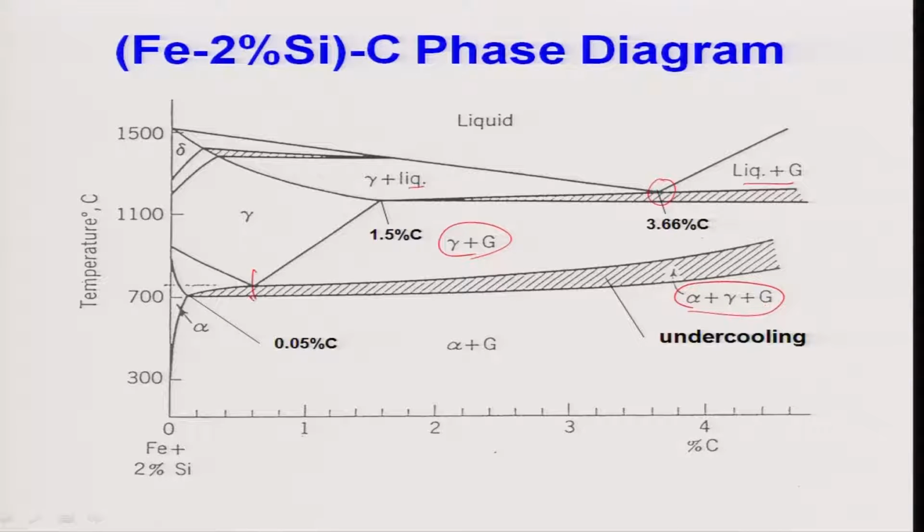So, everything gets modified, even this point which is normally 0.02% carbon is about 0.05% carbon, and this is your alpha plus graphite. This is not your pearlite, alpha plus cementite, this is alpha plus graphite, and I will show you what will happen with alpha plus ferrite.